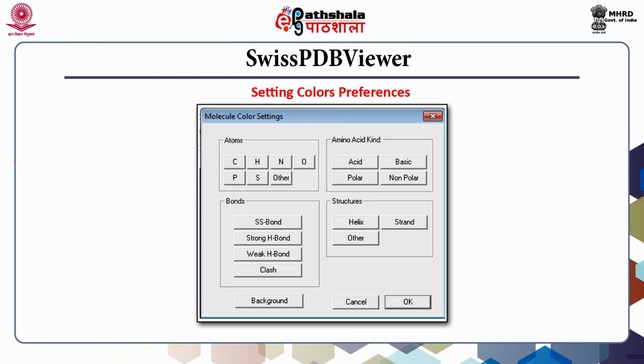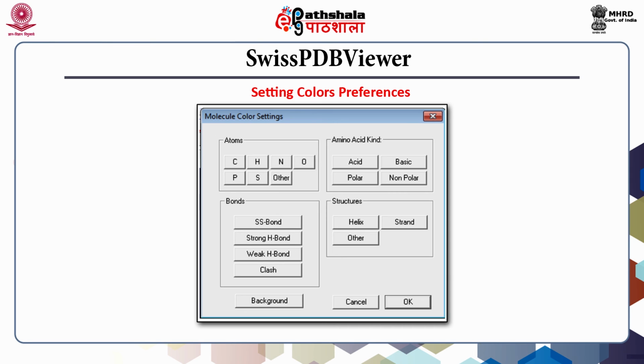For amino acid side chain colors, set as per the side chain type. For example, for acidic side chains of aspartate and glutamate, set the color as red. For basic side chains of lysine, arginine, histidine, set the color as blue.